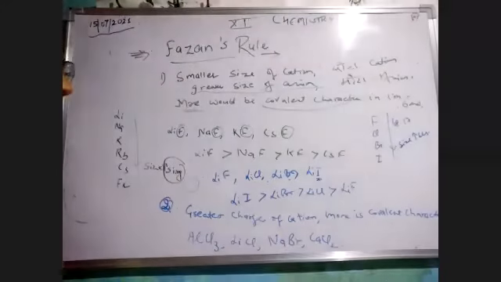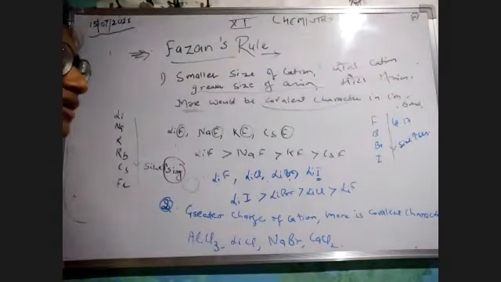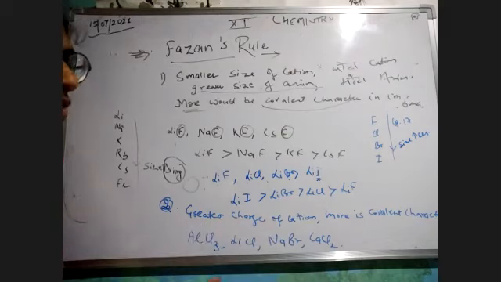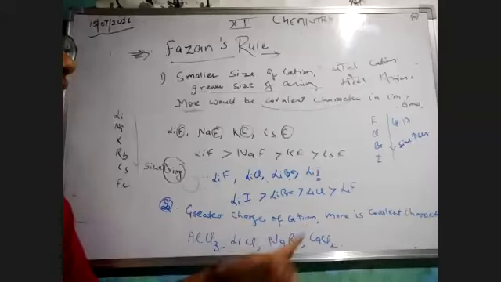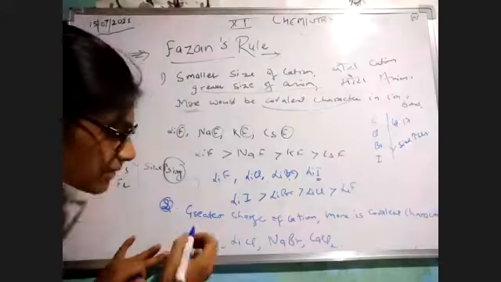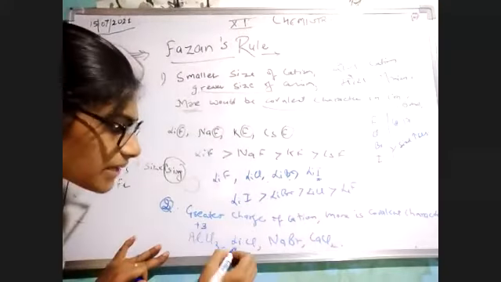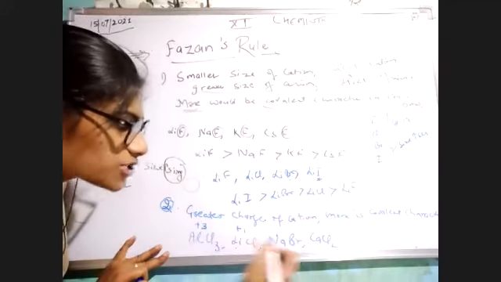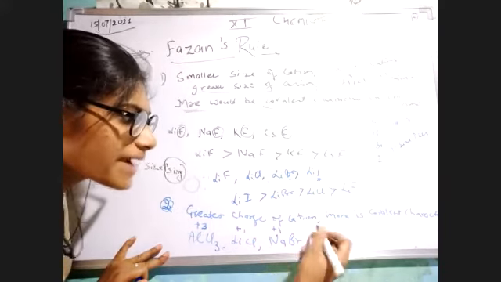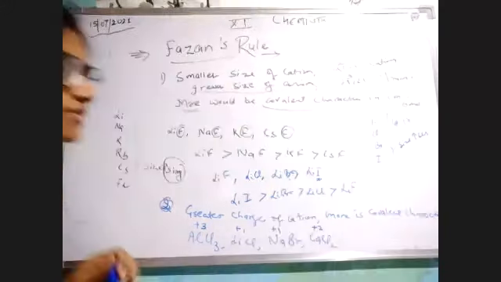Now if I consider this, we do not need to care about the size of the anion. I only have to consider the charge of the cation, that means the positive charge. Aluminium has +3 charge, lithium has +1 charge, sodium has +1 charge, whereas calcium has +2 charge.